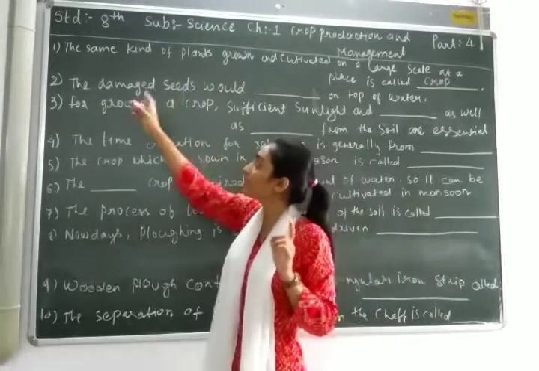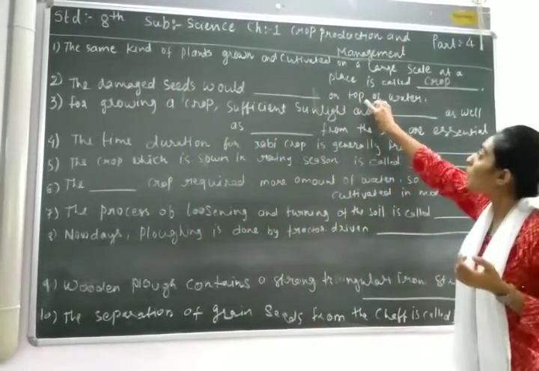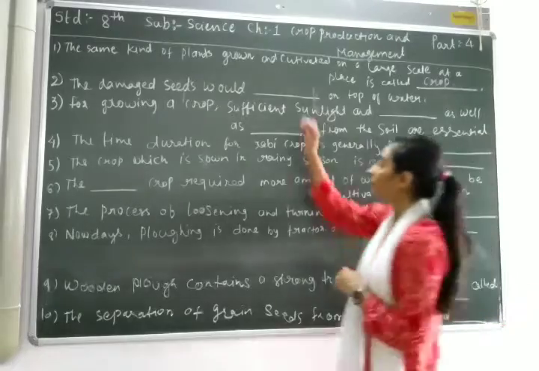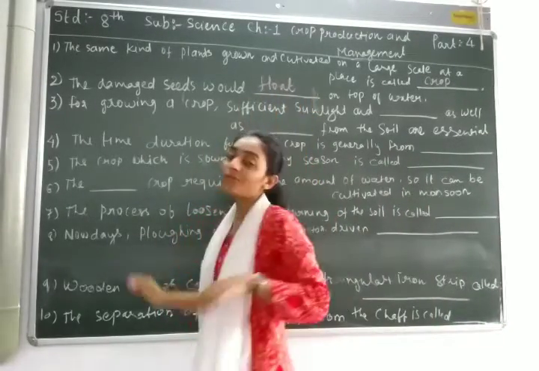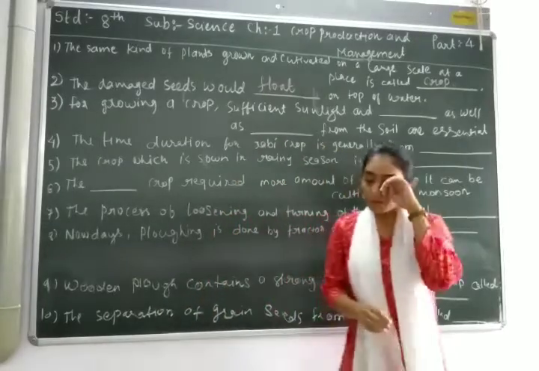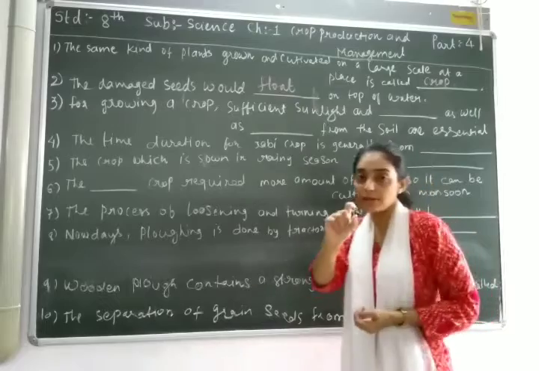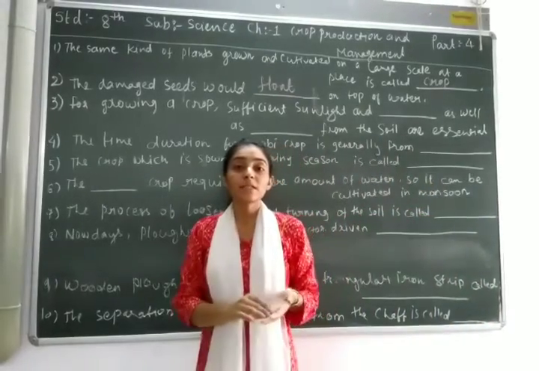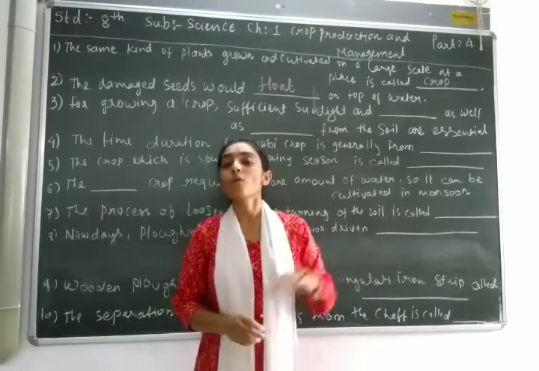So here my damaged seeds would float on the top of the water. Why did they float? Because of the hollowness of a seed. That's why it gets lighter in weight, and that's why it floats on water.